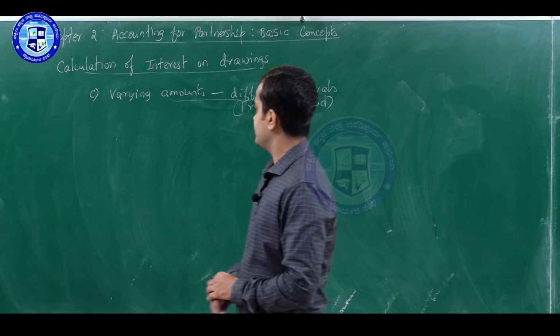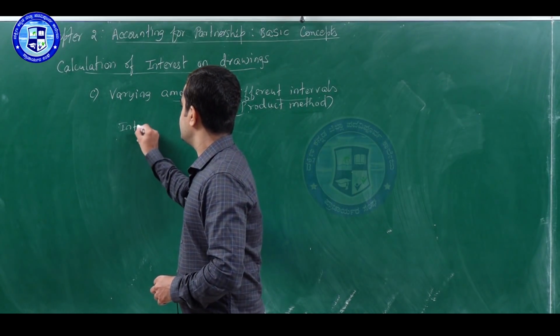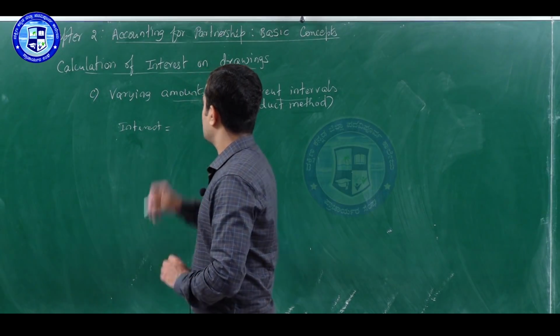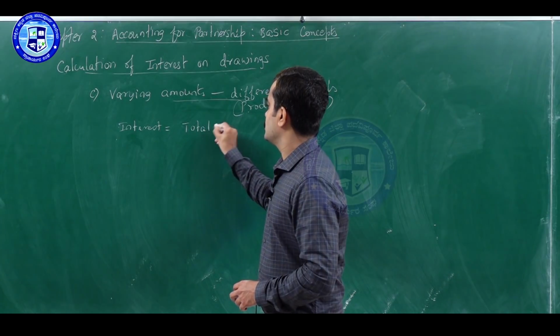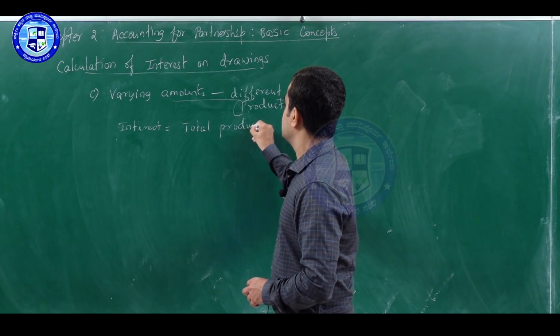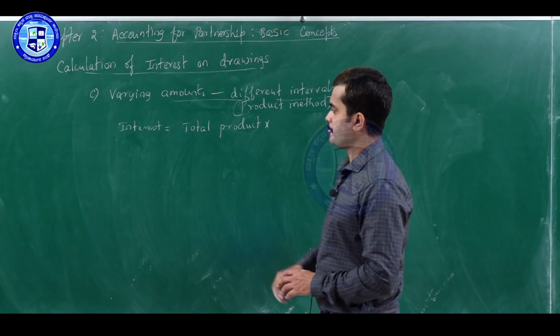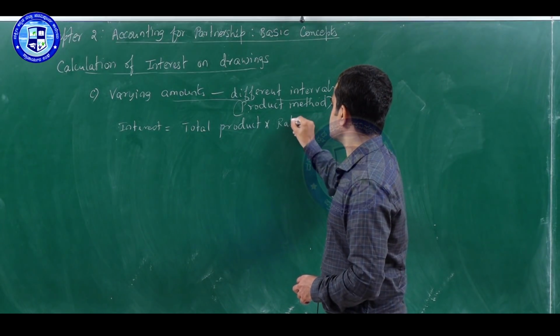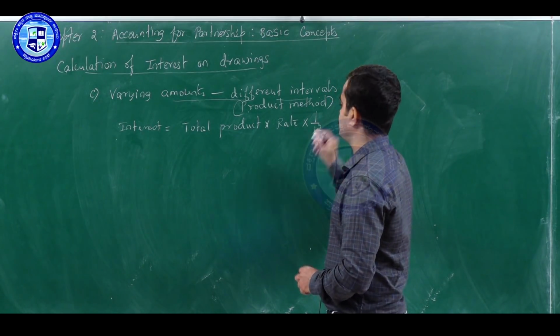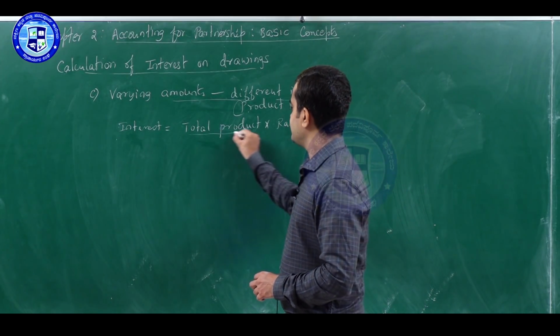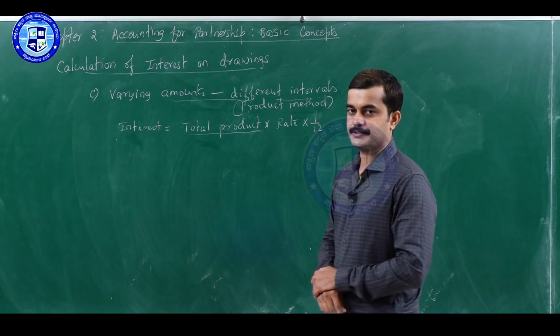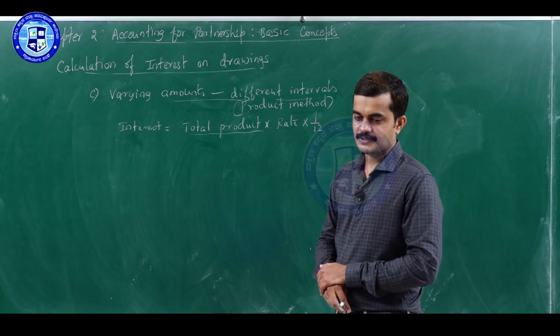Now, the formula here is interest on drawings equals total product into rate into 1/12. So, what is this total product?